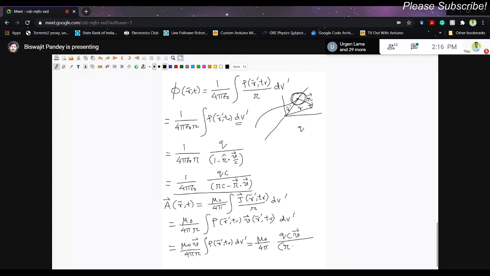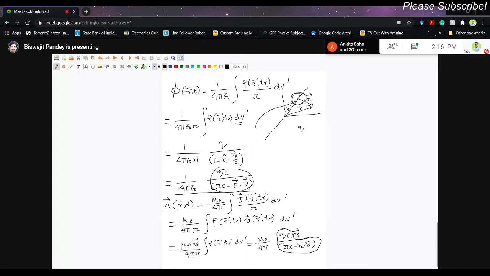And if we write mu 0 in terms of epsilon 0, mu 0 will be 1 by epsilon 0 c square. So c square, one c will be cancelled out, and then we have 1 by epsilon 0 here. So that means you can compare this with this one, 1 by 4 pi epsilon 0 qc divided by rc minus r dot v. This part is nothing but this one. If you look at this, this is the same as this factor, right?